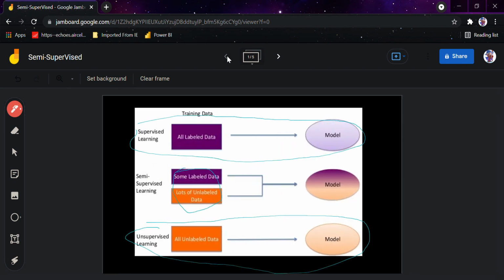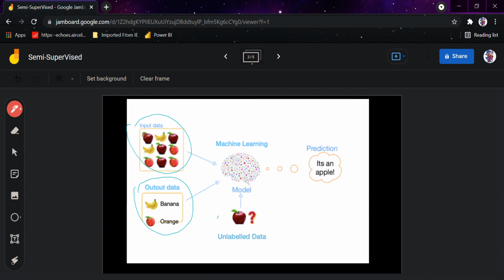You must have got an idea that there are two things happening. You are giving some labeled data and a lot of unlabeled data. The labeled data is for the final steps. I will give you an example. Once the algorithm has recognized that these four fruits have the same features, it makes one class here. Then it sees that these two fruits have the same features, so it makes a class here.